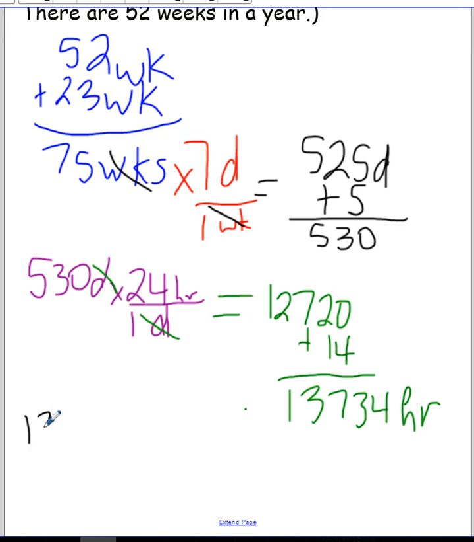And so now that I've done with my big laundry list, I am going to say that we have 13,734 hours. And we've done hours to seconds already as an example. It was 60 minutes per hour and 60 seconds per minute. So I'm not writing those labels just because I'm starting to get to where my numbers are too large for my width of my screen.